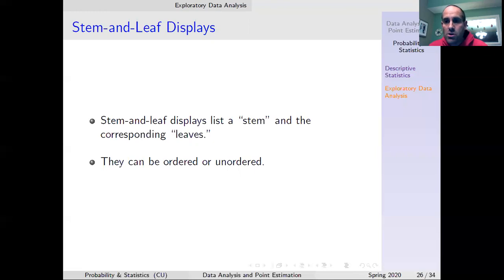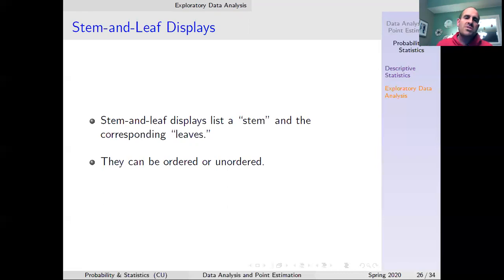There's other things called an ogive, which is spelled O-G-I-V-E, which is essentially like a cumulative distribution function for the histogram. You kind of draw how much probability you have accumulated so far as you move from left to right. Okay, so an ogive is really just a CDF for the histogram.